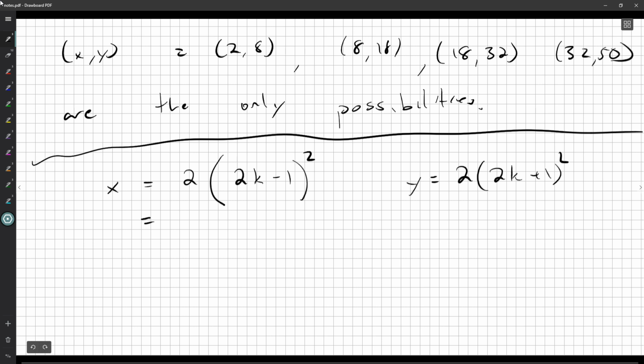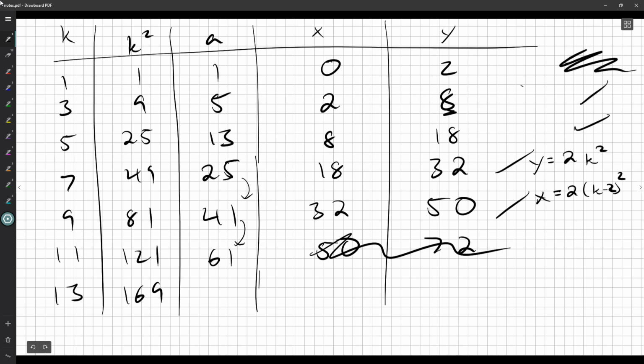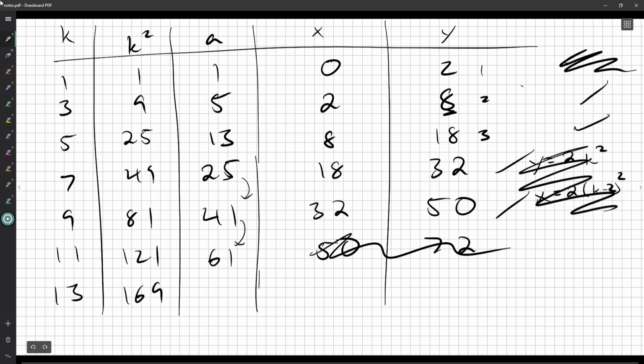Right? This is just based off my observation with these numbers. 8 is twice a square. 18 is twice a square. Actually, this is twice 3 squared. This is twice 2 squared. This is twice 1 squared. So it's not quite this formula.